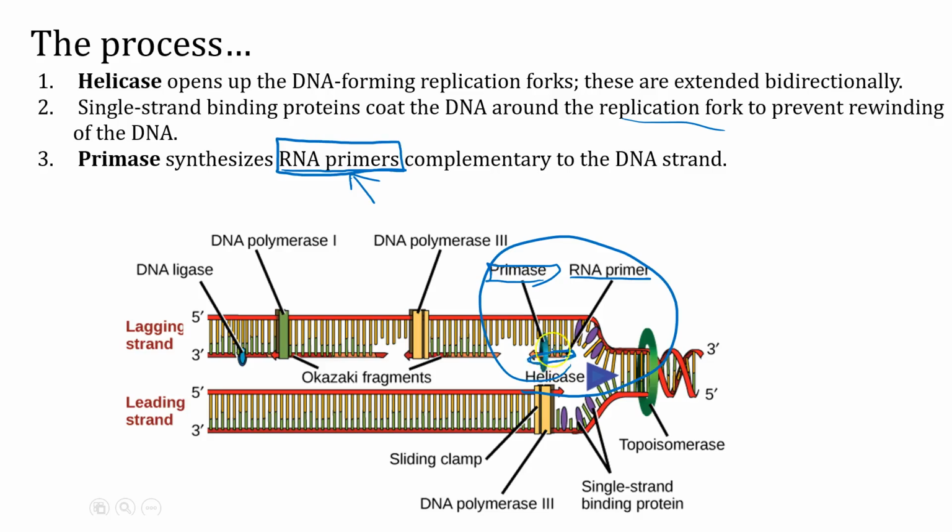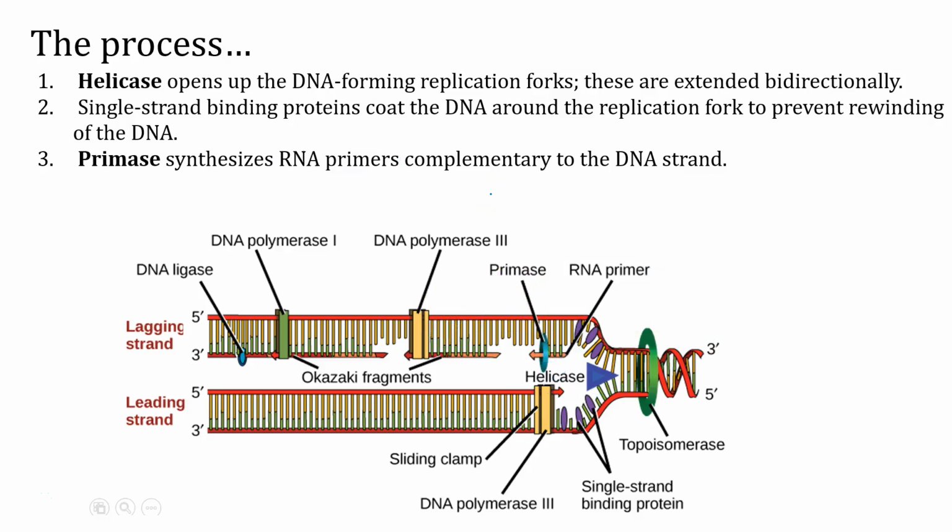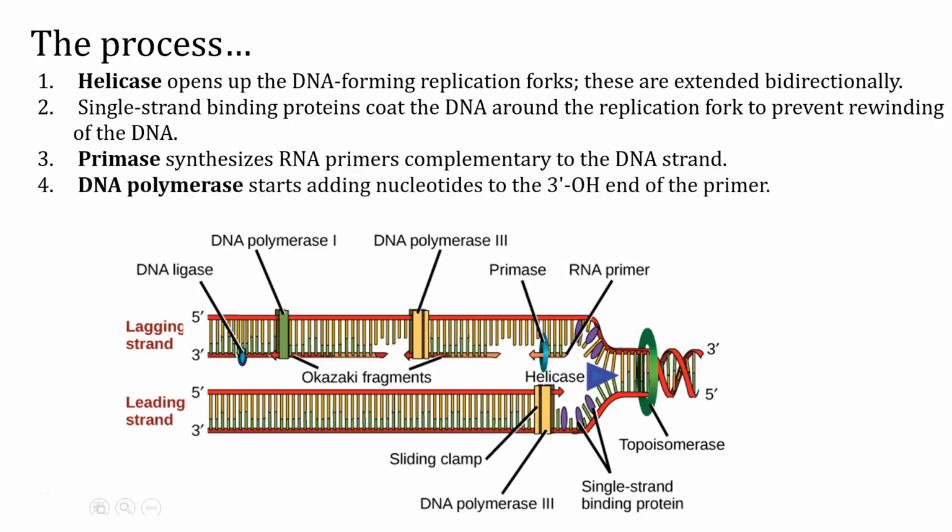And then that is going to be a signal that DNA polymerase, and this would be DNA polymerase 3, can find that spot, attach to it, and then start creating DNA from the template strand. Okay, so here's the tricky thing though.